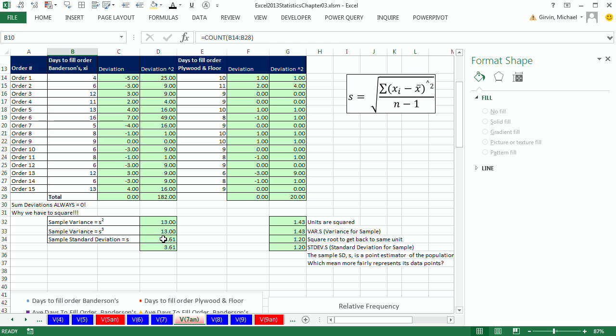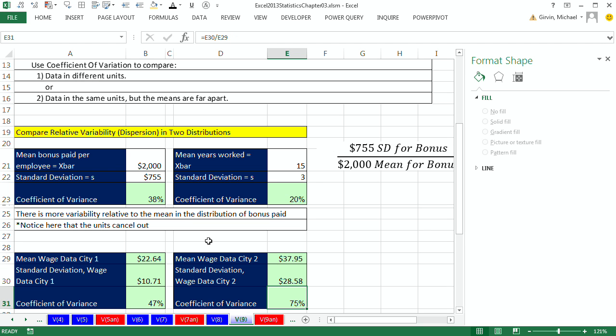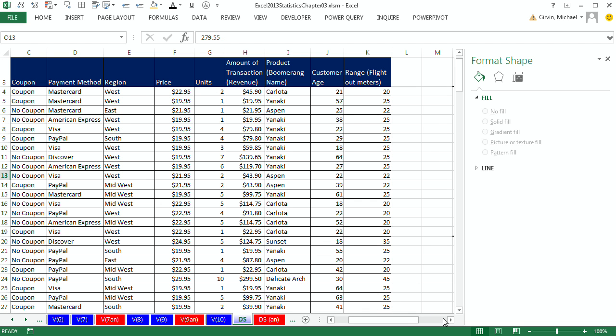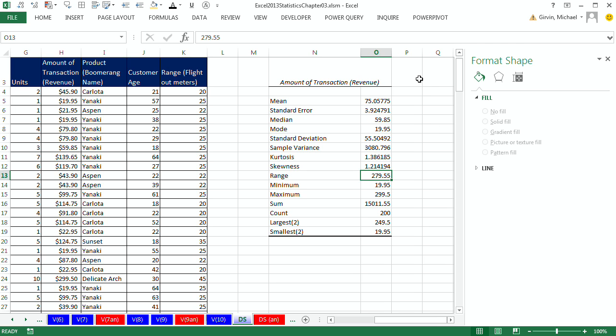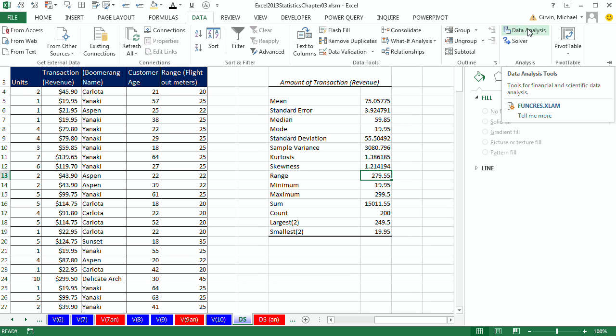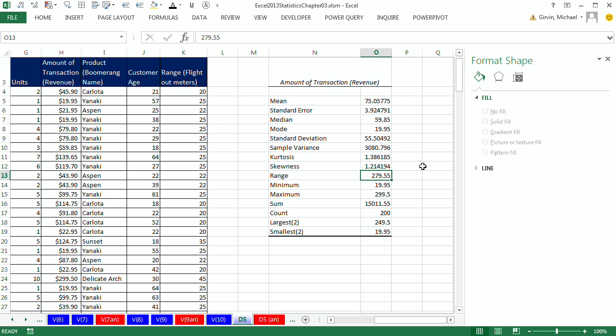We also saw that there's built-in functions like STDEV. We saw that there is a way to compare relative variability with coefficient of variance. And we even saw on descriptive statistics how to quickly calculate a bunch of numerical measures using data analysis, descriptive statistics. All right, next video we'll talk about skew.